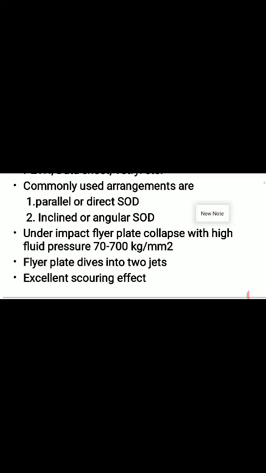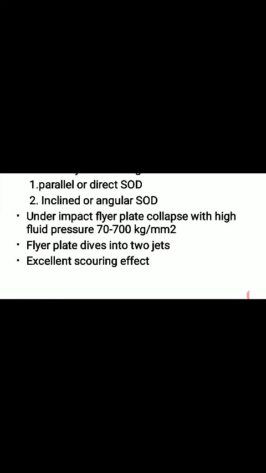The flare plate normally divides into two jets: one is a main jet, another one is a salient jet. Under high impact this provides an excellent scouring effect. Hence, it strongly bonds the flare plate to the parent plate.